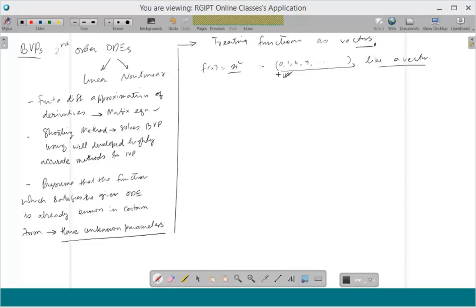If I have an x grid on which I want to have a function, and it has 4 points, 5 points, 6 points, that would be the dimensionality of the corresponding vector of x.